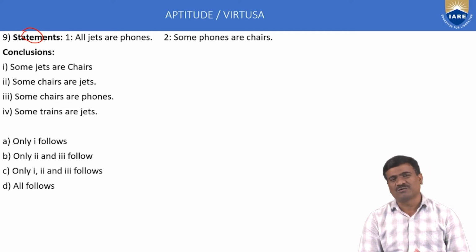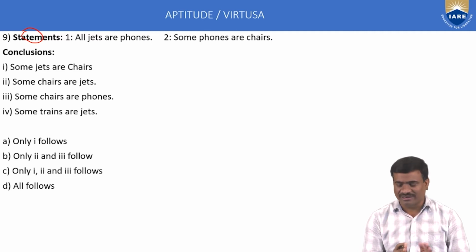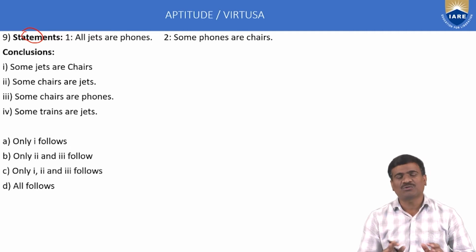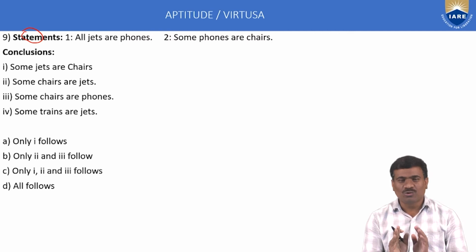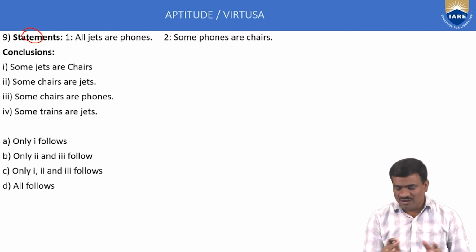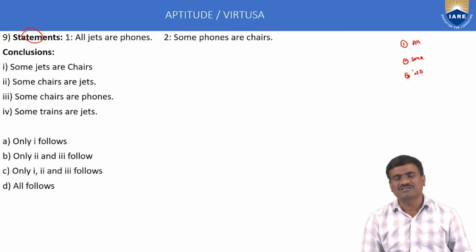Statement and conclusion: the method uses the Venn diagram concept. Here only three Venn diagrams are possible. First possibility, all statement. Second possibility, some statement. Third possibility, no statement. All indicates the all type of Venn diagram.